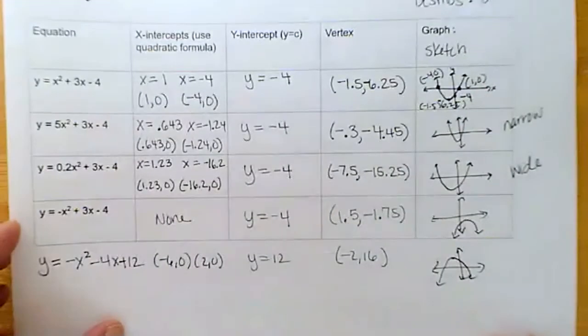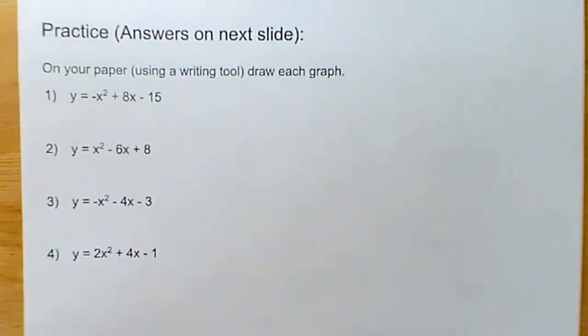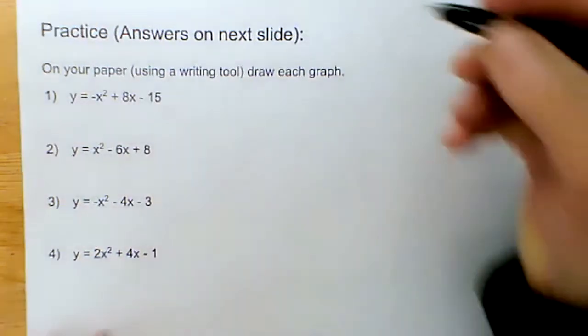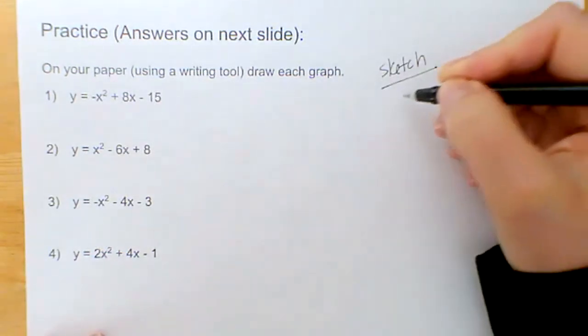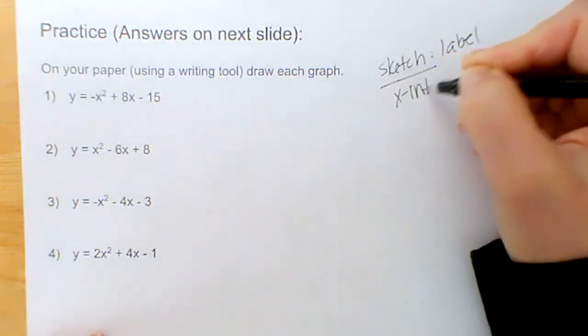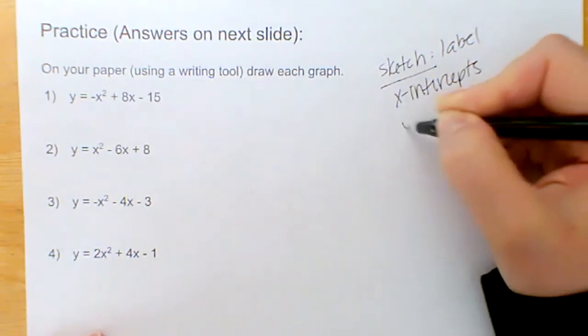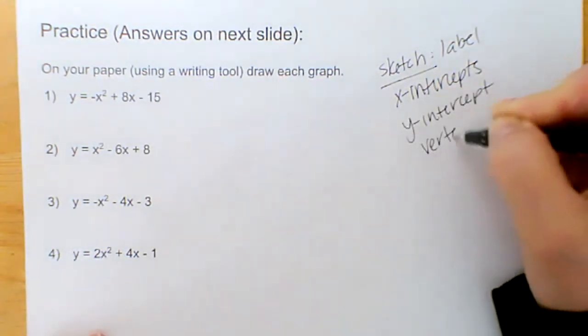Now, you will also notice that I have a practice slide for your next slide. And on your paper, using a writing tool, draw each graph, or if you don't have any graph paper, then you can sketch it. When you sketch the graph, make sure you label important parts: label the x-intercepts, label the y-intercept, label the vertex.